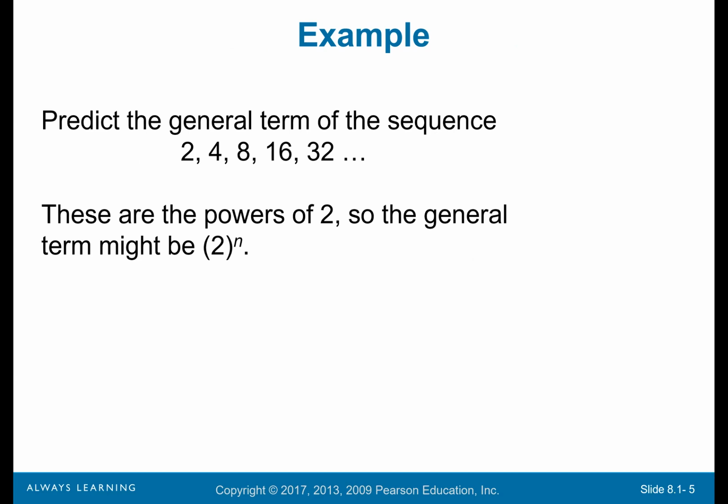The second term is 4, the third term is 8, so on and so forth. So these just happen to be powers of 2. They're multiplying by 2 each time. They're taking the first term times 2 to get 4, take that times 2, so on and so forth. So the general term might be 2 to the nth power, which means if you want to know the 10th term, you would just put in 10 for n.